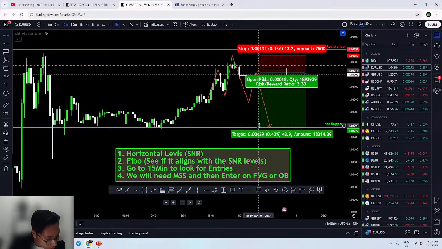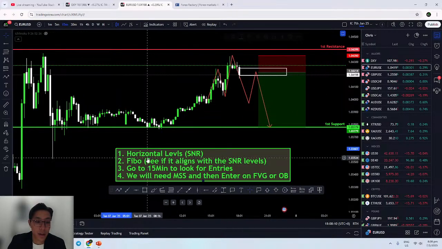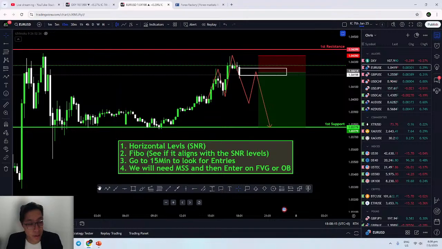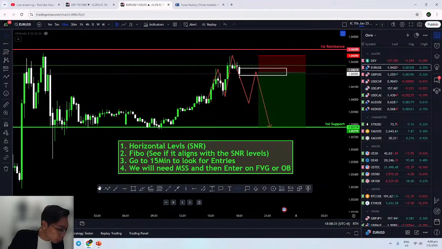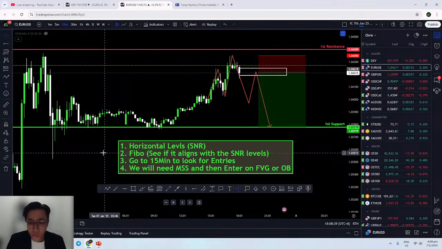AUS 200, oh that is interesting. Sure, okay. So this is something you might want to take a screenshot of. This is a very simple strategy that I used last time, but now I changed my strategy a little bit. This is very effective and definitely works.